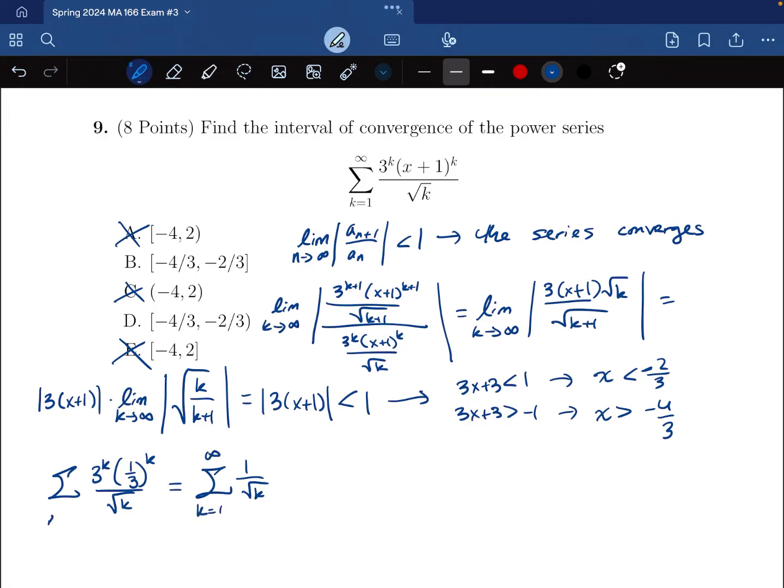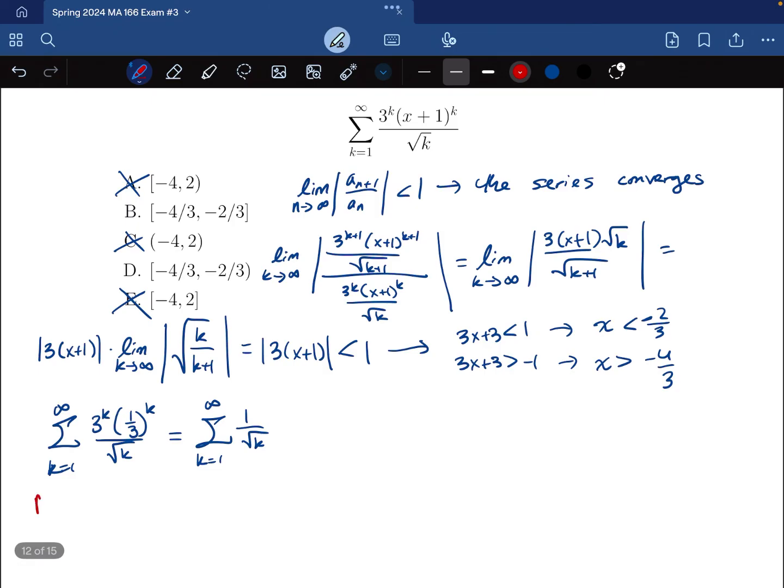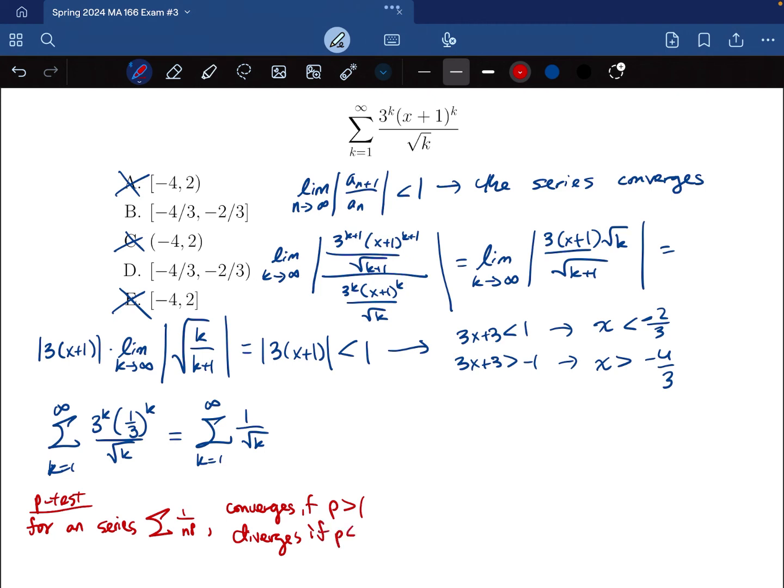Alright, and so now we can use the p-test. The p-test states that for a series in the form 1 over n to the power of p, it converges if p is greater than 1, and diverges if p is less than or equal to 1.